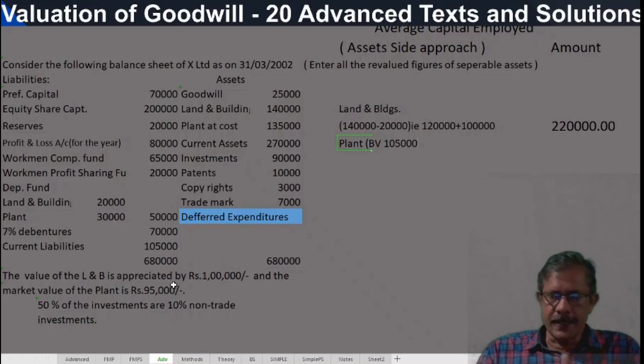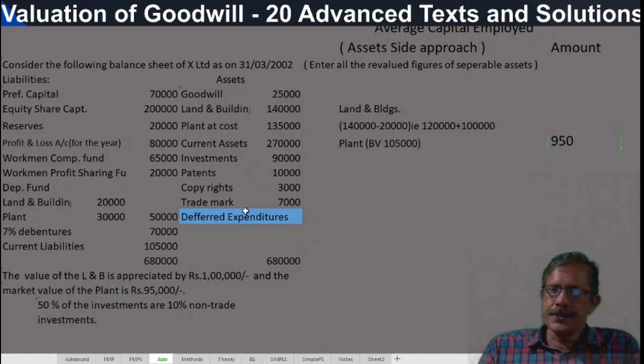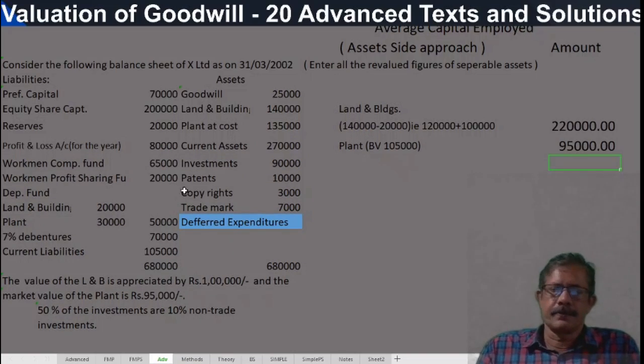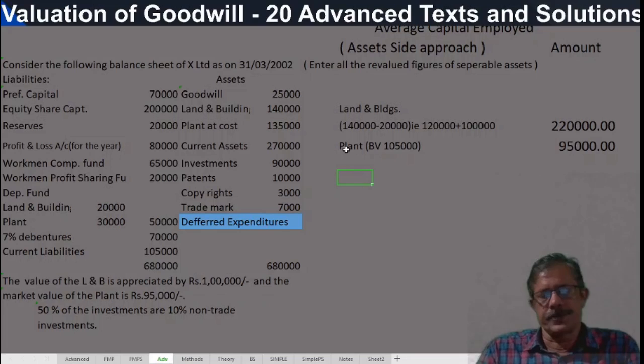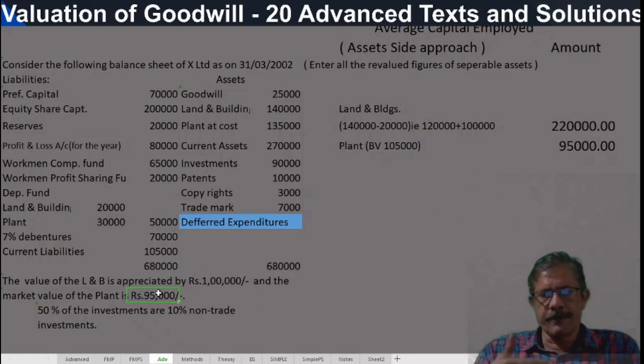So if it is directly given, that can be taken directly into the statement of capital employed. So here 95,000 is the value of the plant. And there is a loss on revaluation of plant. How much is the loss? Book value is 1,05,000 and 95,000 is the revalued figure. There is a loss on revaluation of plant.